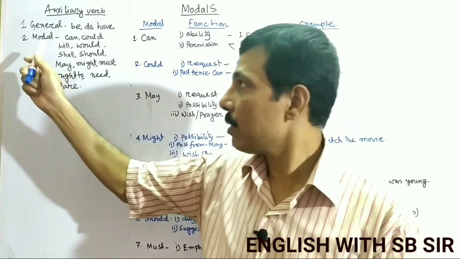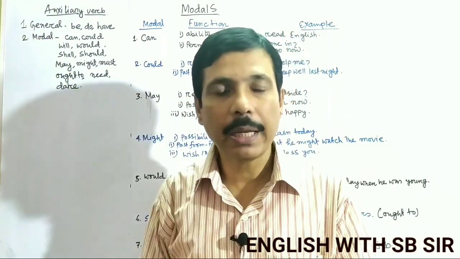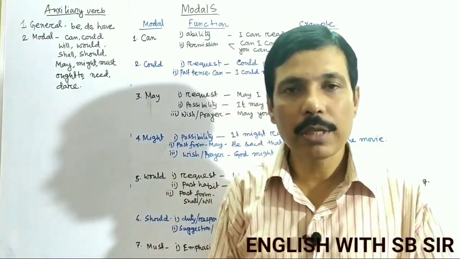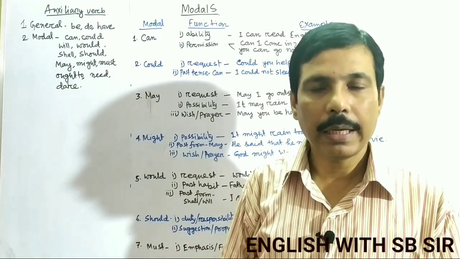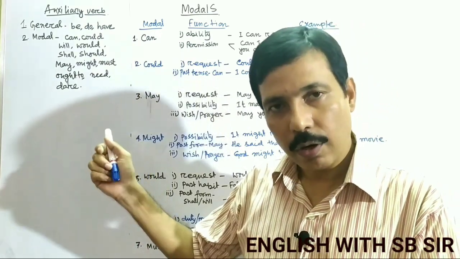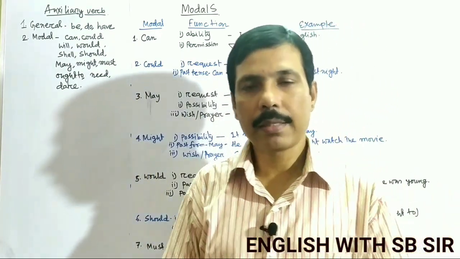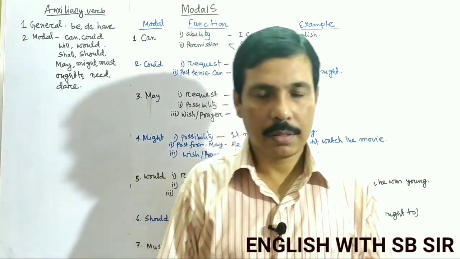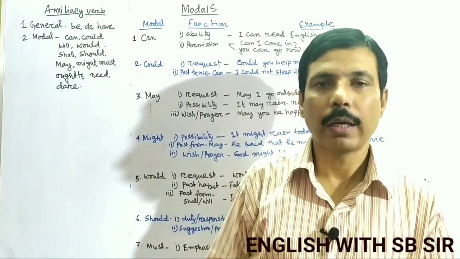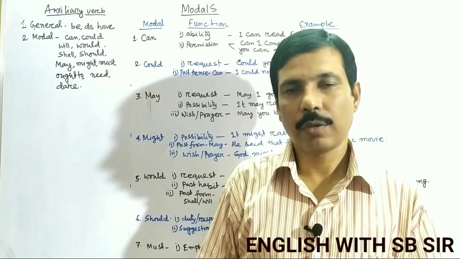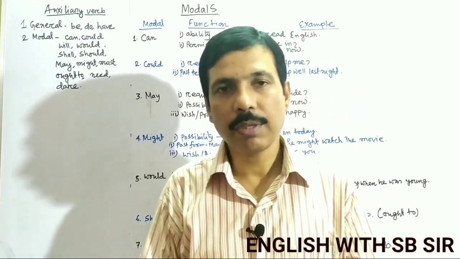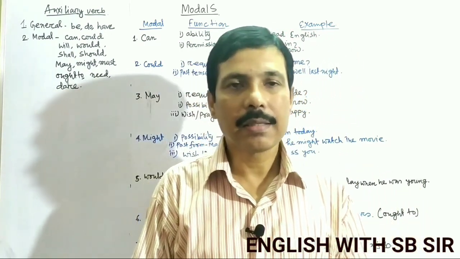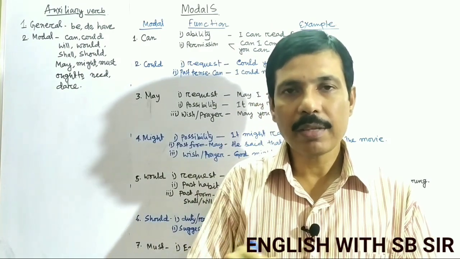Number two, the difference is that general auxiliaries have no meaning in the particular sentence when they are used as auxiliary verbs. I am giving an example here. He is walking. Here is is the function verb, it means be. This verb has no meaning here.